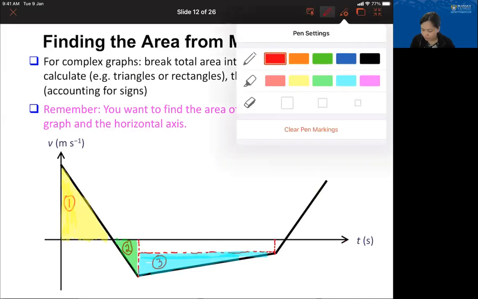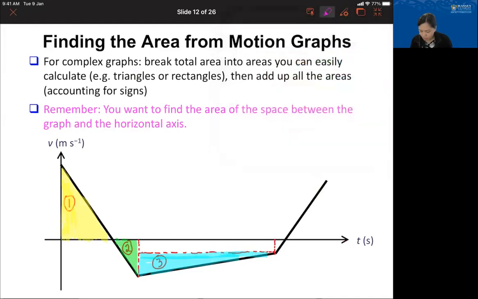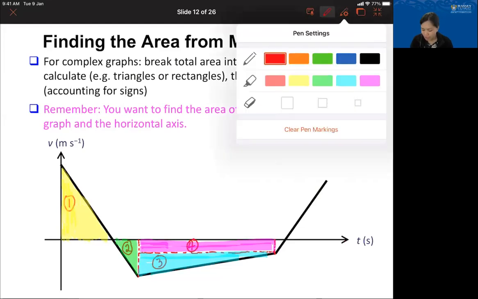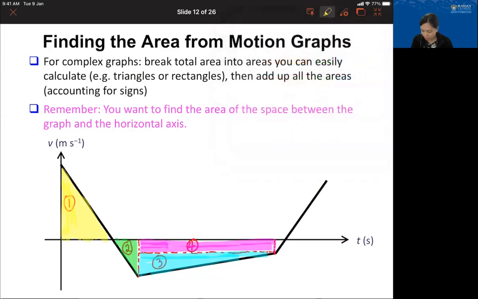And you have here a rectangle, and you have to figure out the area of this rectangle. And then finally, you have this tiny bit of a triangle here, and let's say that's area 5 that you have to figure out.